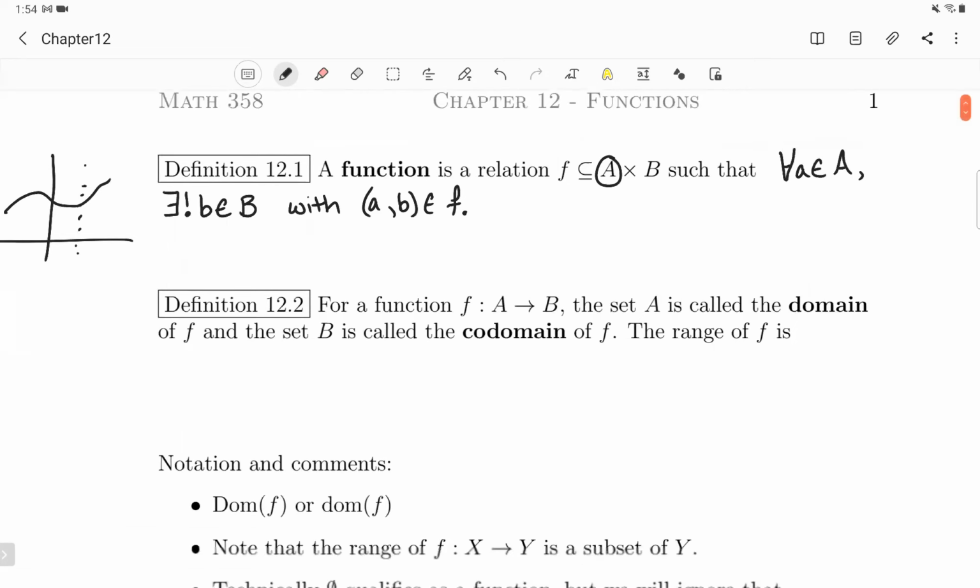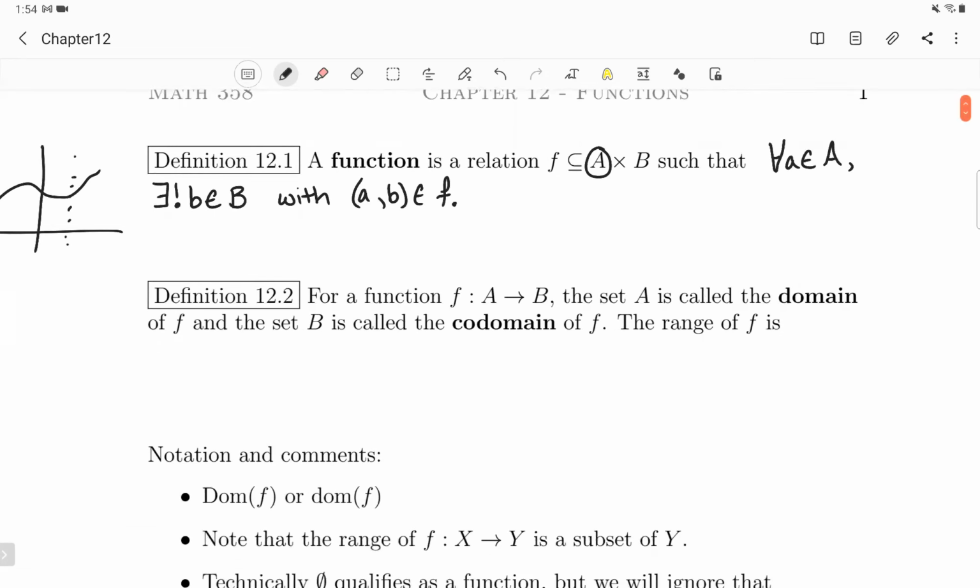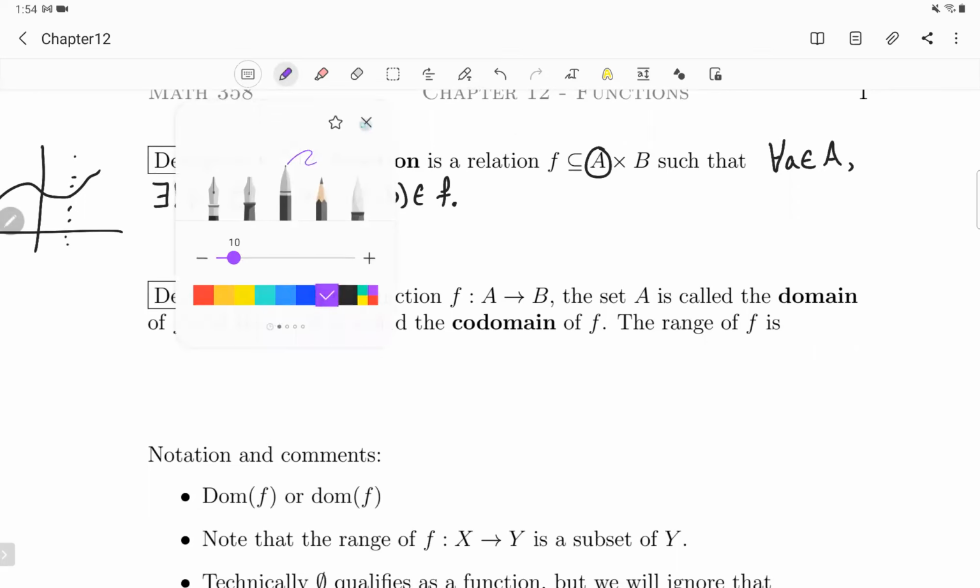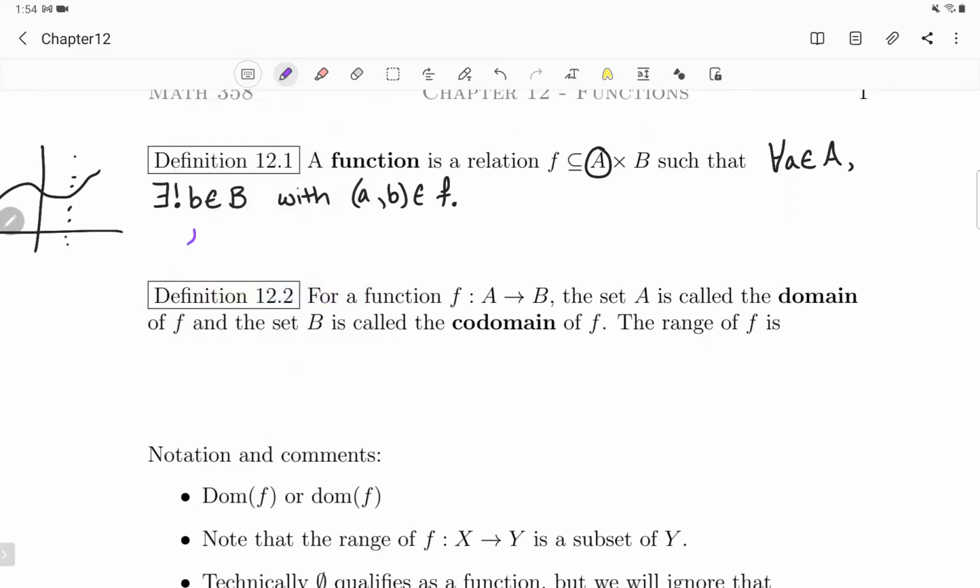Now, that does not rule out, so we'll say, f of x equals x squared is okay. So here's what we're saying. If I take from my domain, let's say I put in 1, what does it output? What's its matching y value? 1.